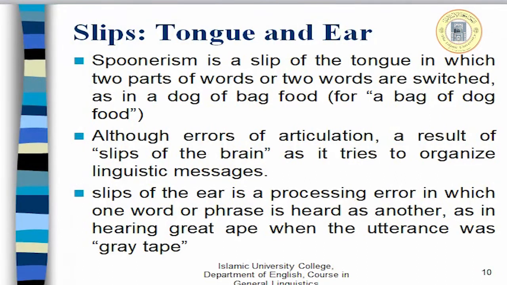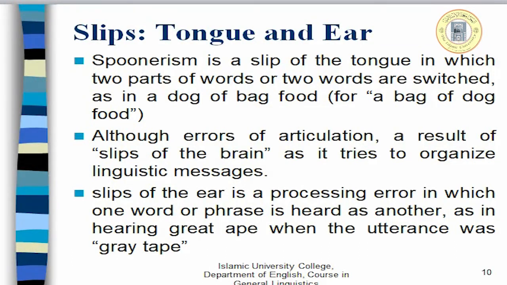I mean, the brain tries to organize the linguistic messages, and in this very process, there will be miscompliance between the tongue, which has a physical mechanism, and the brain, which has an electrical mechanism.